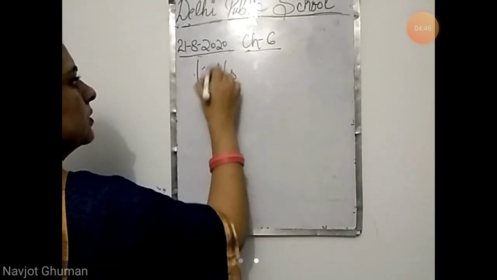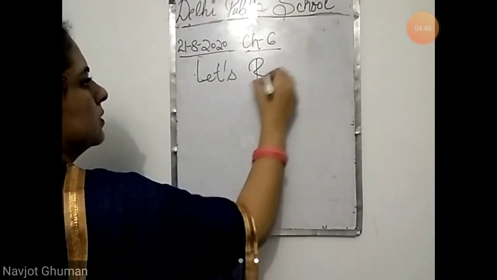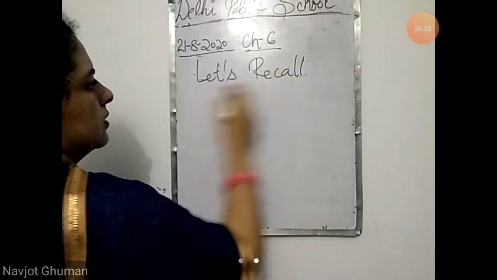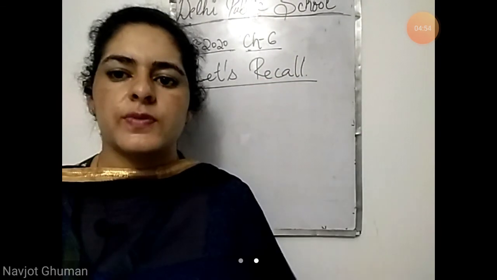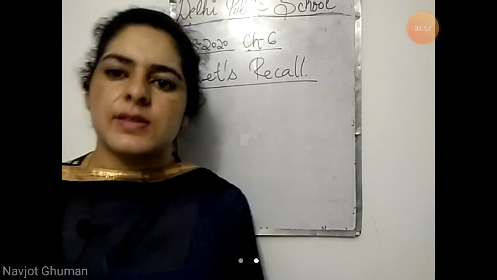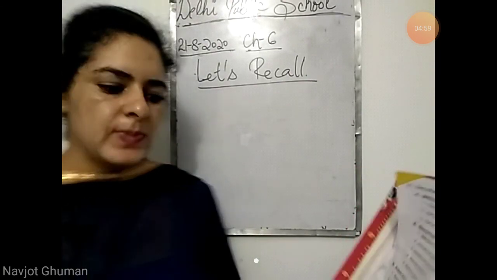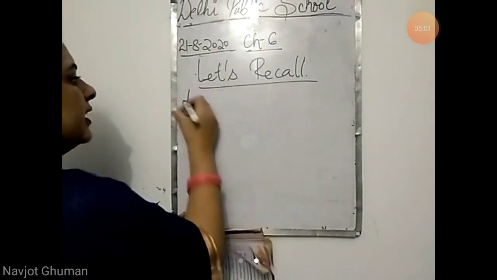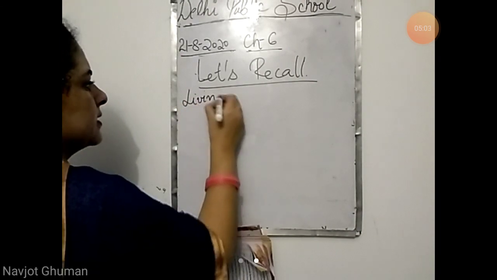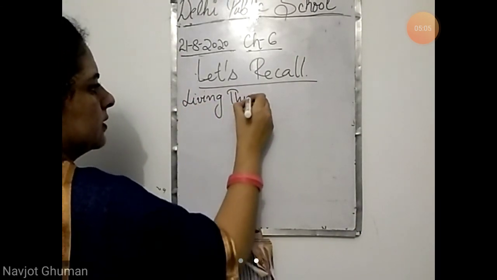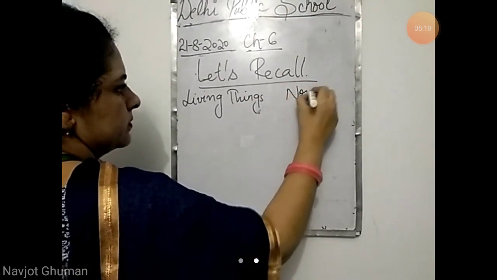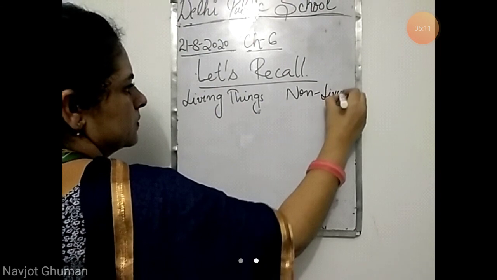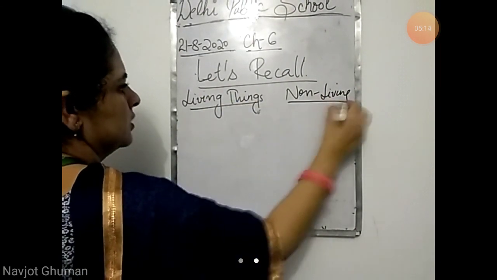Let's recall. Characteristics of non-living things are opposite of the characteristics of living things. Suppose first has been done for you. On the left hand side living things, right hand side non-living things.